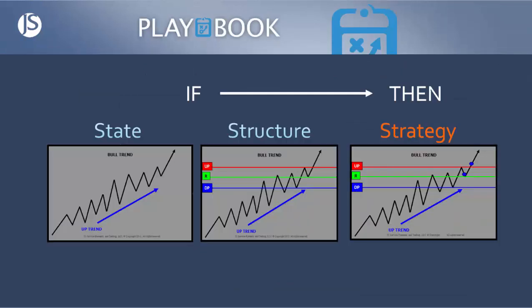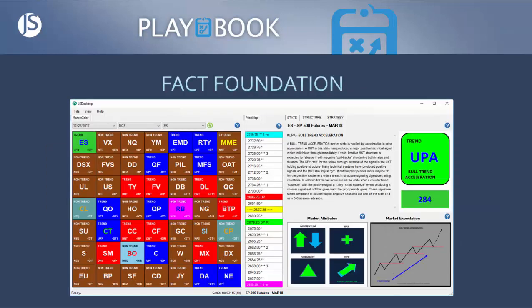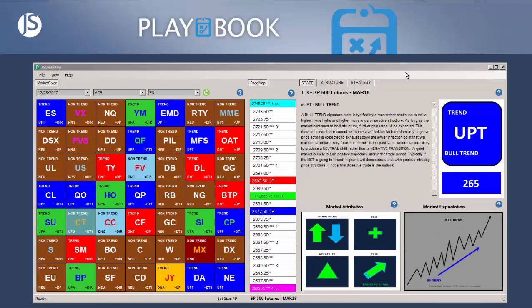The playbook is basically an if-then statement. If a market is in this state with this structure, then these are the strategy themes that are more likely to dominate price action. Where your trade or signal occurs within the context of this fact foundation defines the value of the opportunity. Let's take a look at a quick example.